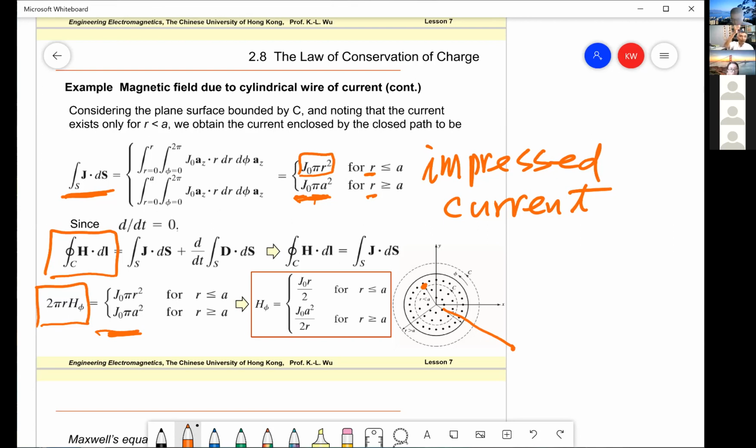In this case, the current on the conductor is applied by you. There is another current, created by somebody else who launches an electric field that changes with time. This is the displacement current.